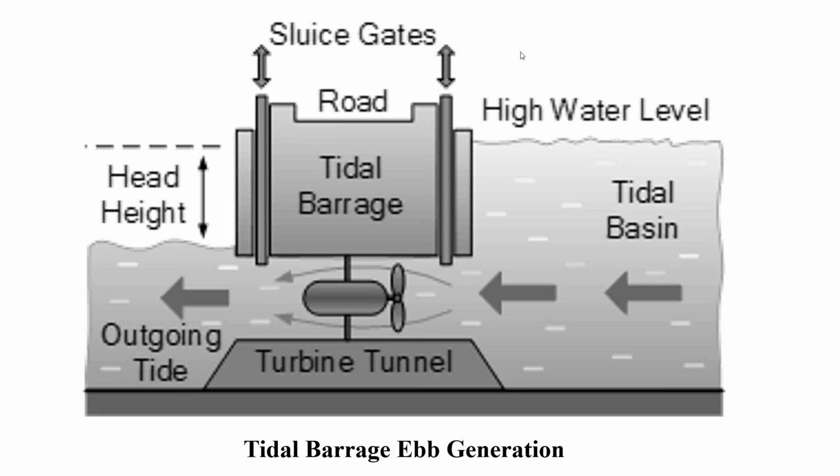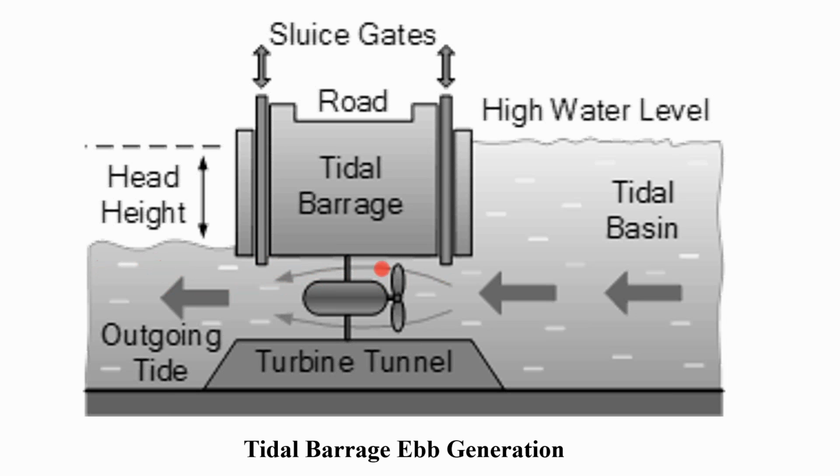So what's the difference between the previous case and this? In the previous case we used the high head, and from that we converted to the low head. But in this case, we are going to store the energy first at high potential, and we are going to use this low head water.